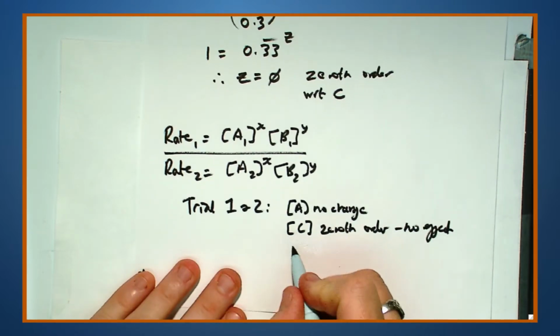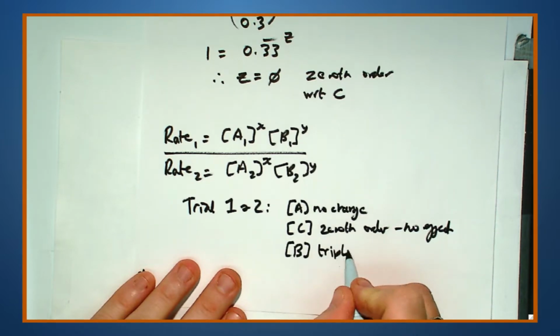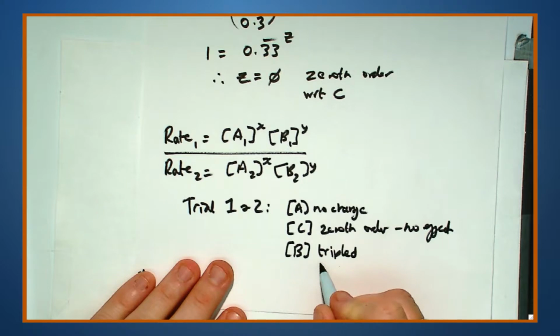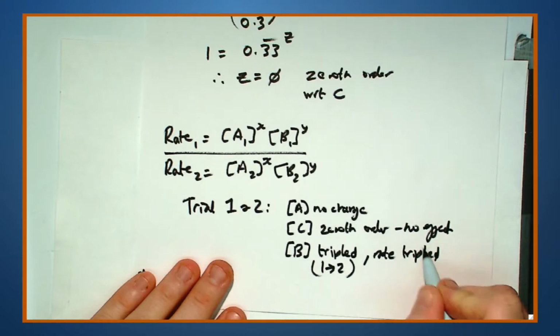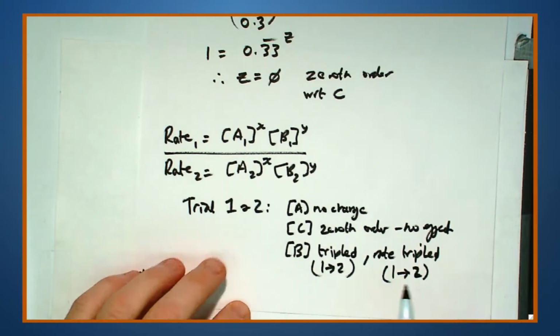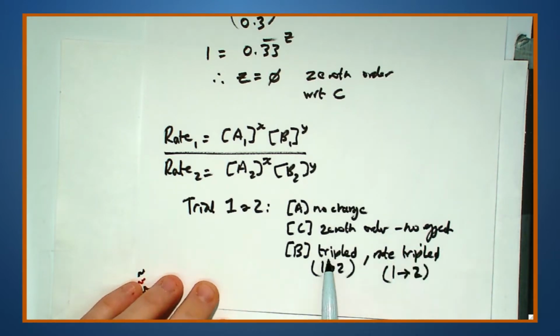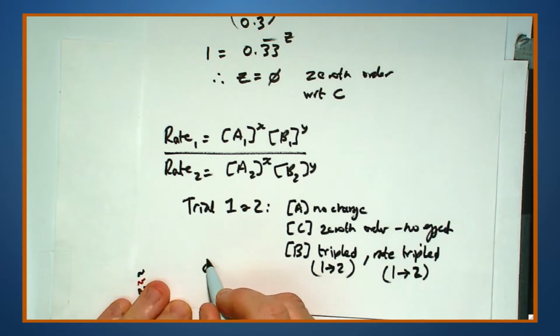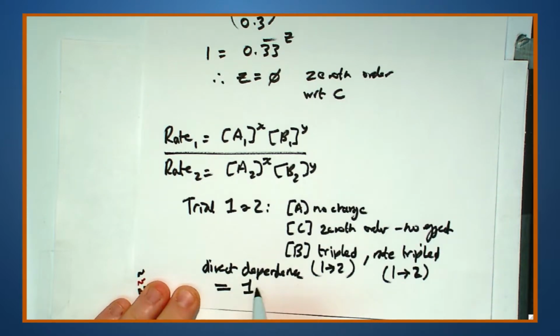And then we have B, and it tripled, going from 1 to 2, comparing, and the rate tripled, going from trial 1 to 2. So if you notice, we have the same thing. We have a direct dependency. So direct dependency, that's first order.